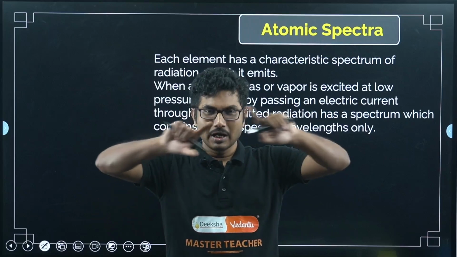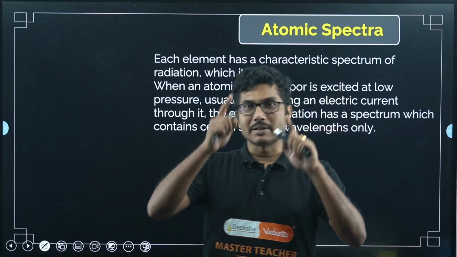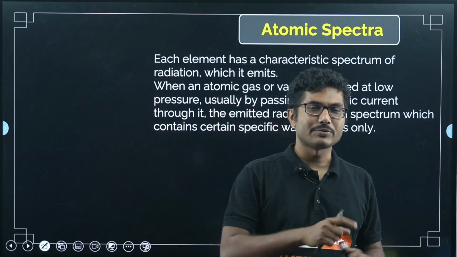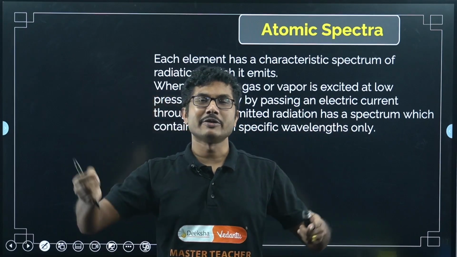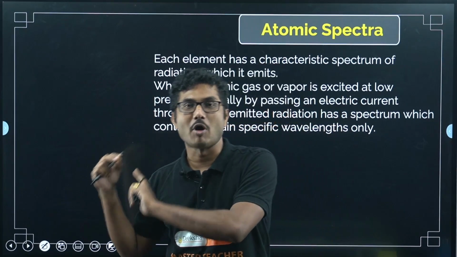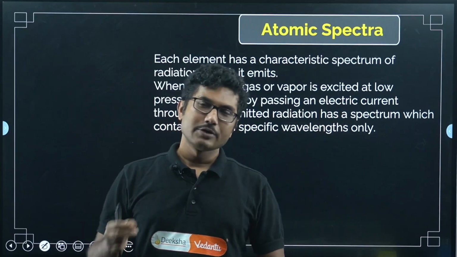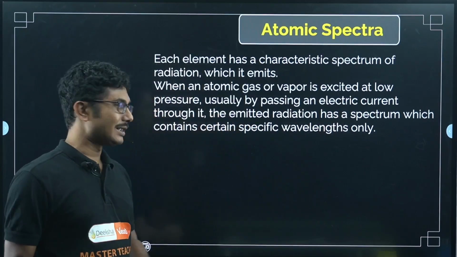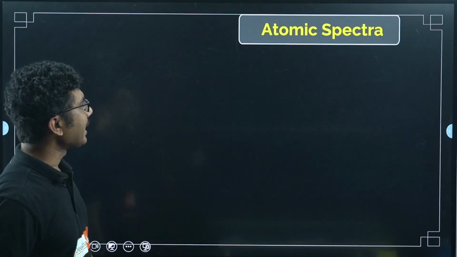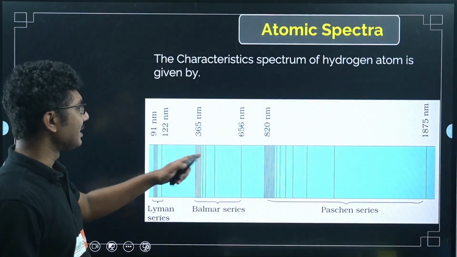When you observe a particular element's atomic spectrum, you will see some lines, some spikes, and they all have names. Based on those lines you can say, this is the characteristic spectrum of hydrogen, this is of lithium, this is of a different element. Let us look into one of the most common atomic spectra, that of hydrogen, which is given like this.